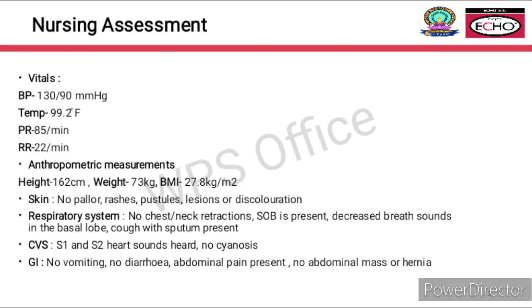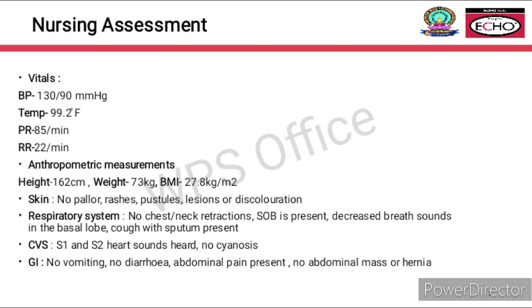In the physical examination, in the skin there is no pallor, no rashes, no pustule, lesion, or discoloration. Under the respiratory system, no chest or neck retraction was there, though shortness of breath is present. Decreased breath sounds in the basal lobe was there, and cough with sputum was present.